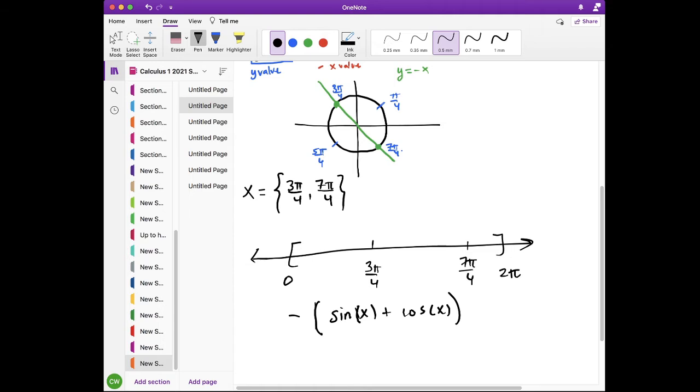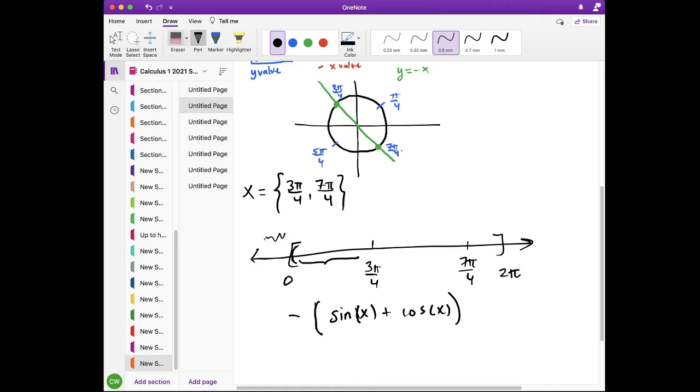What's a good test value here? We don't want to use 0 because we want to look at the open interval, not including 0. So do something in between, because we don't know what's happening over here.